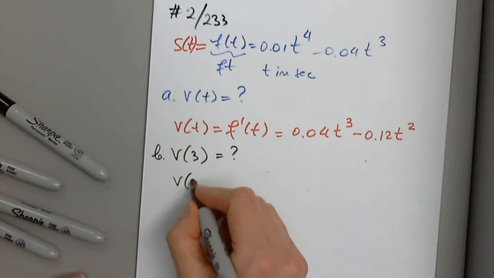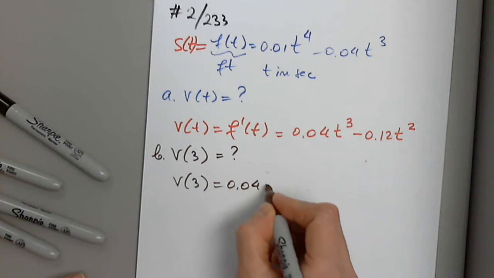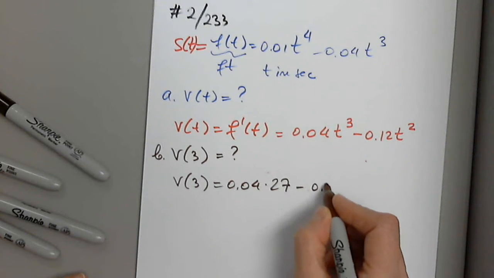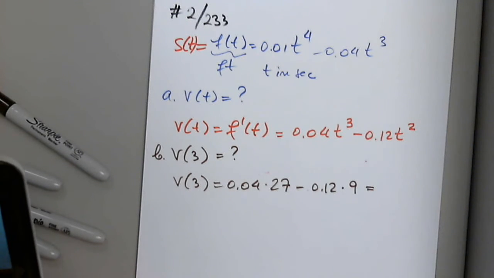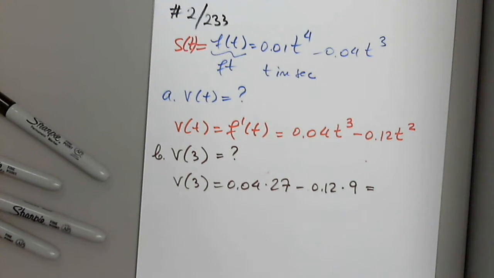Of course. So v of 3 will be 0.04 times 27 minus 0.12 times 9. I'll use my hand calculator this time to see what this is, because I'm lazy. Correct me if I'm wrong. I got 0.